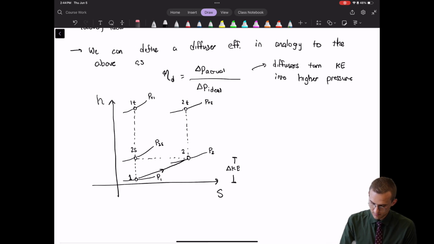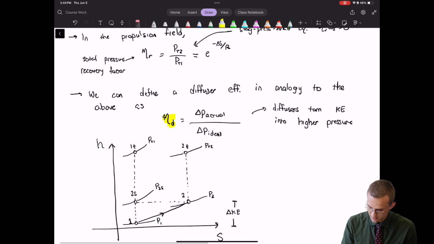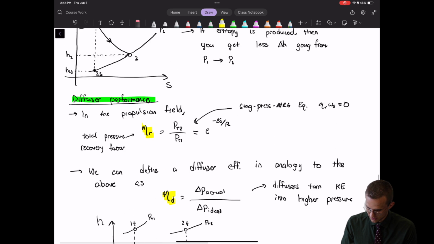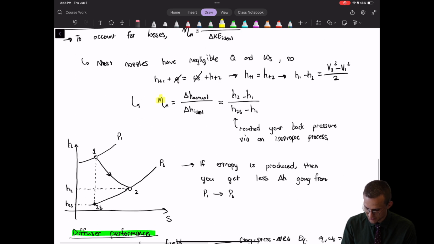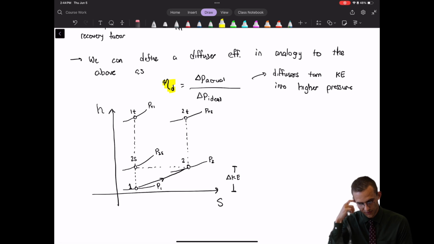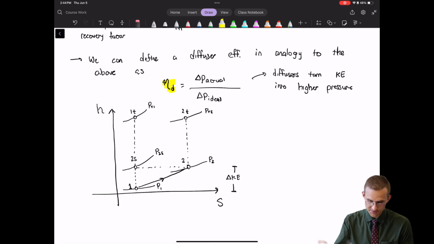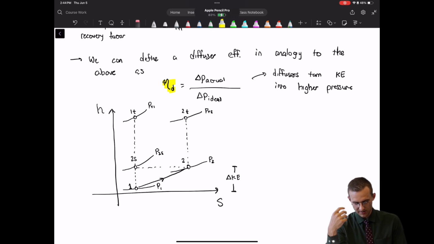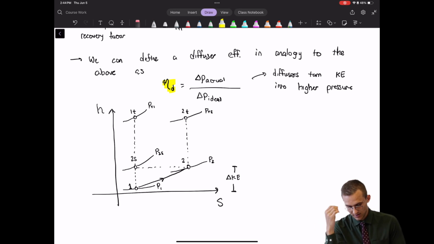Okay, so like I said, this isn't actually something that's really used in the field, but I do think it's useful talking about it because it helps you think about what nozzles and diffusers are doing. In the nozzle case, the definition was changing enthalpy into kinetic energy and vice versa, but you can talk about it in terms of pressure on the diffuser side.